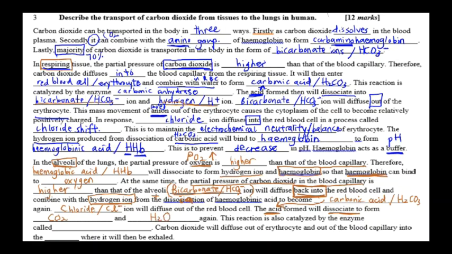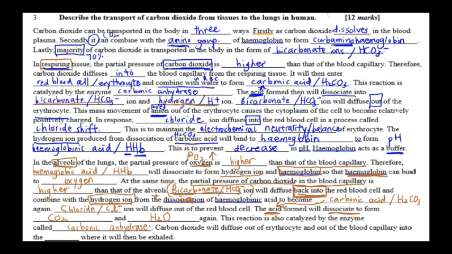They will convert back to carbon dioxide and water, and this reaction again is catalyzed by the enzyme carbonic anhydrase. We use the same enzyme to catalyze the forward and the backward reaction.